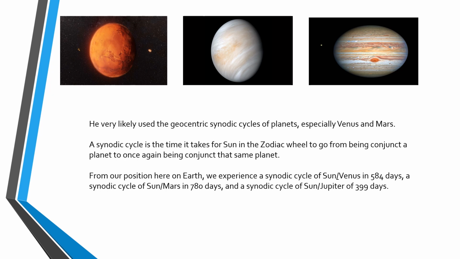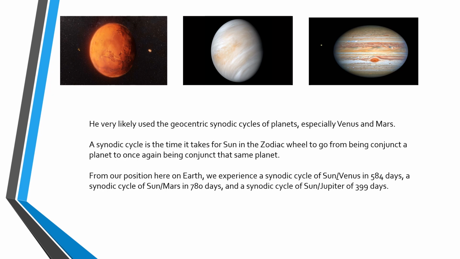Well, very simply, it is the time that it takes for the sun in the zodiac wheel to go from being conjunct a planet to again being conjunct that same planet. So, for example, in the zodiac wheel, using geocentric astrology, that is, from our position here on Earth, we can see that there is a Sun-Venus synodic cycle that takes 584 days to unfold.